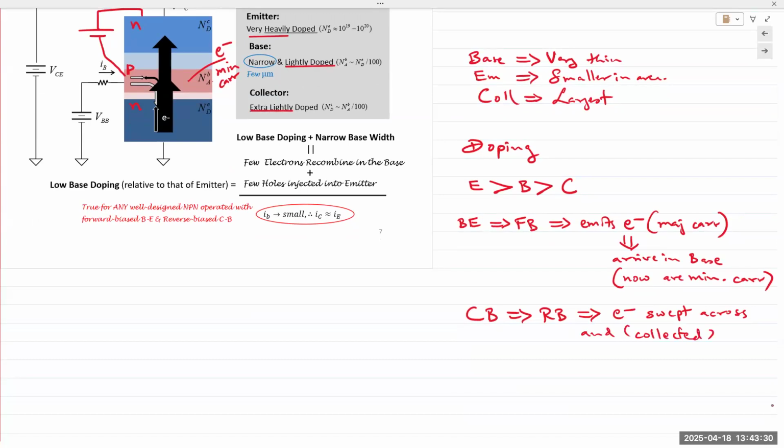Any questions? Did everyone understand why it doesn't function like just two back-to-back PN junctions? No? Yes? Okay. Where are the questions? In general.